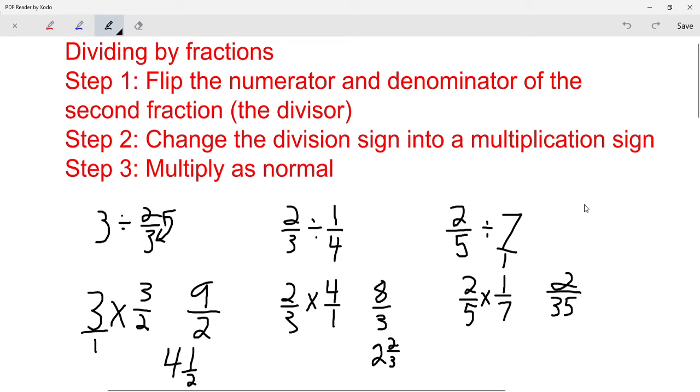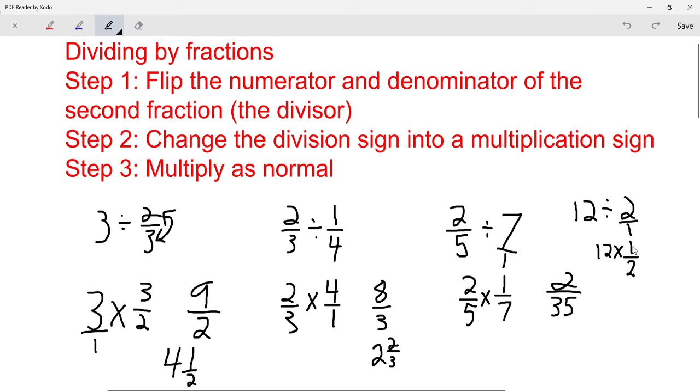Now, let's say we're doing something like 12 divided by 2. Technically, we can do the same exact thing here, where division becomes multiplying by the reciprocal. 2 is 2/1, so it becomes 12 times 1/2, right?